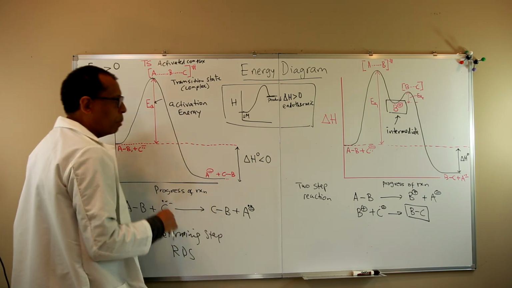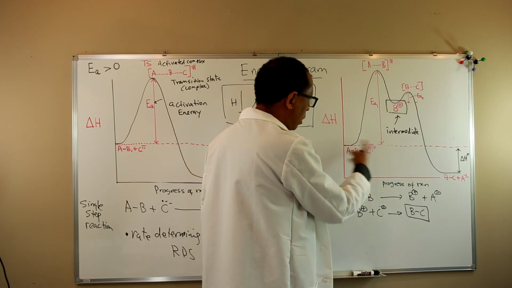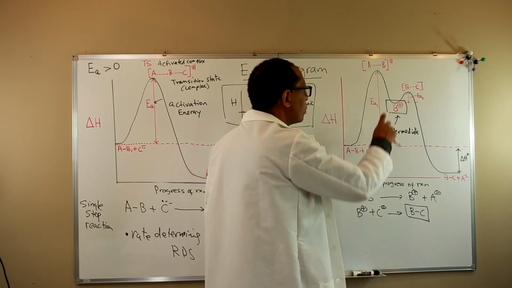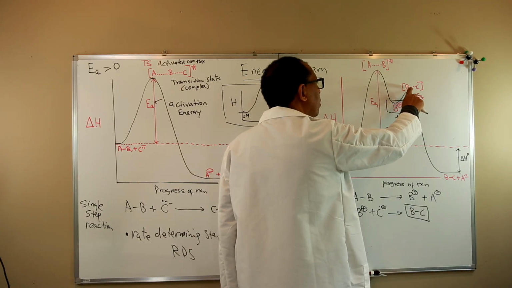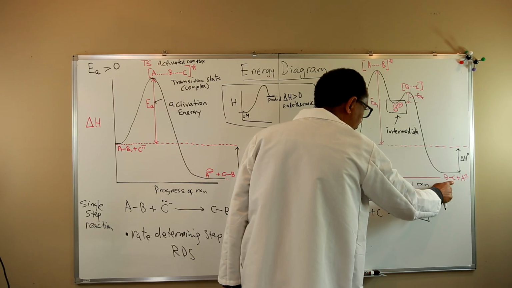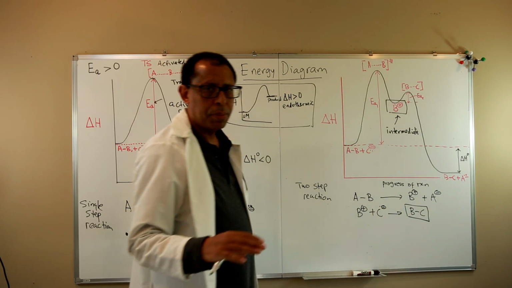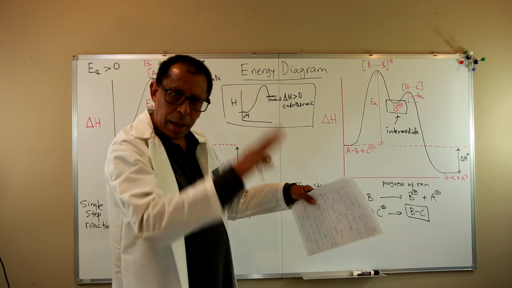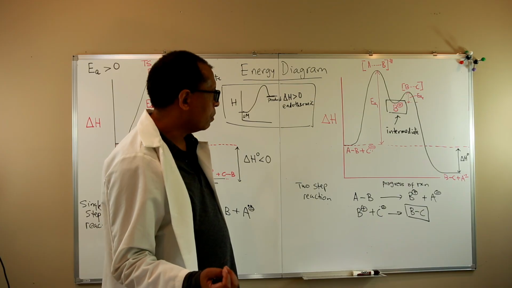This is a single step reaction, but this one is a multi-step, at least a two-step reaction. So now BC starts to form. That BC, finally a full-fledged bond is being formed right here. All products are formed. All the products are stable now at a very low energy. That's the end of the reaction.